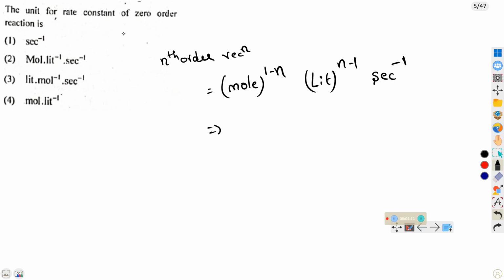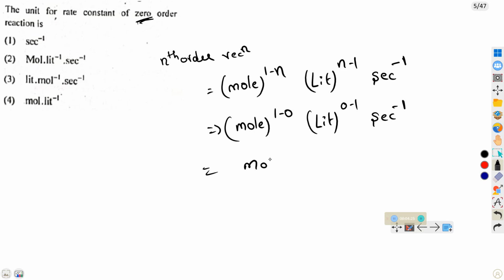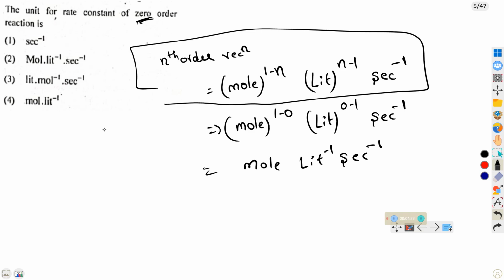In the place of n, substitute the value 0. Mole 1 minus 0, liter 0 minus 1, second inverse. So mole liter inverse second inverse. Correct answer, second option.